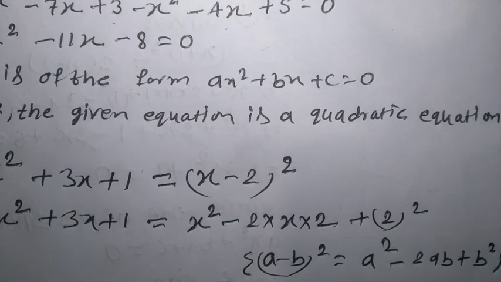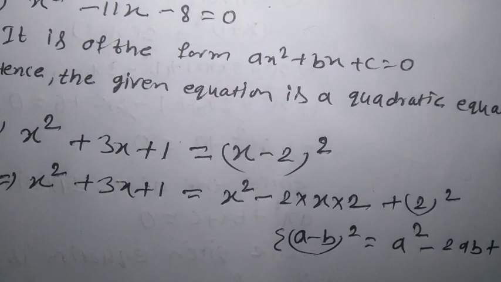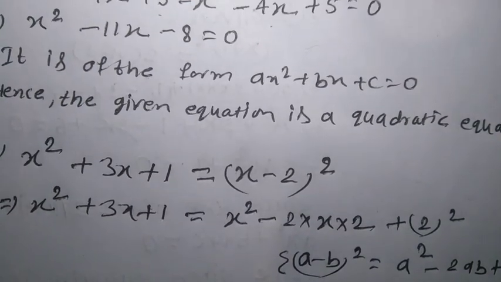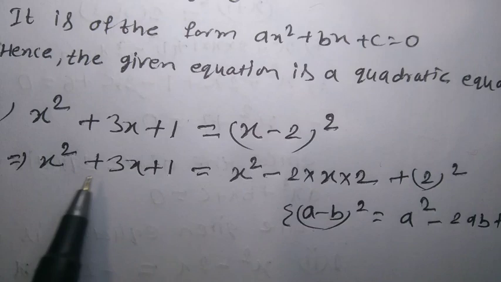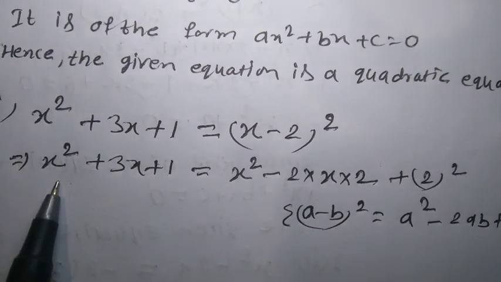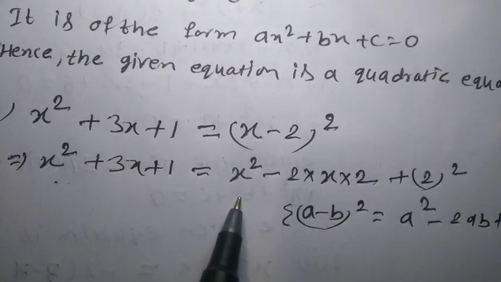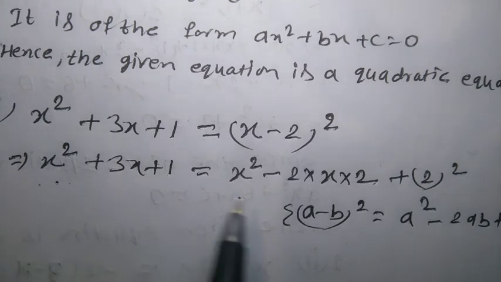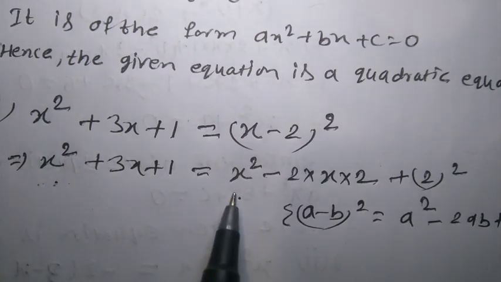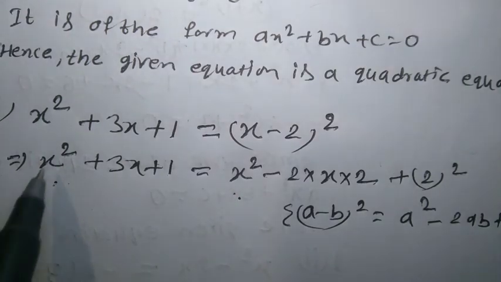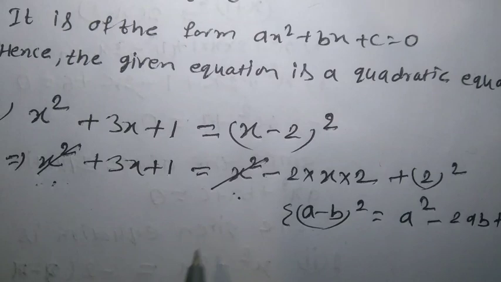Okay, so in this question, on the left side and right side we have the same term x square. The sign of x square is plus, and here also the sign of x square is plus, so x square and x square cancel.